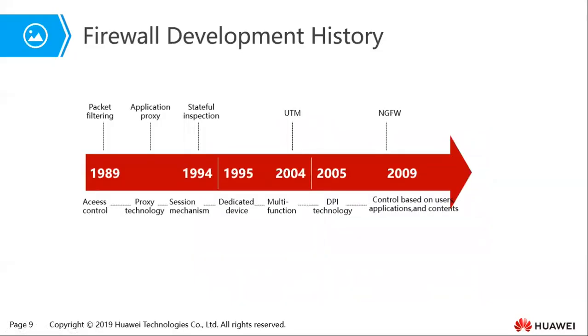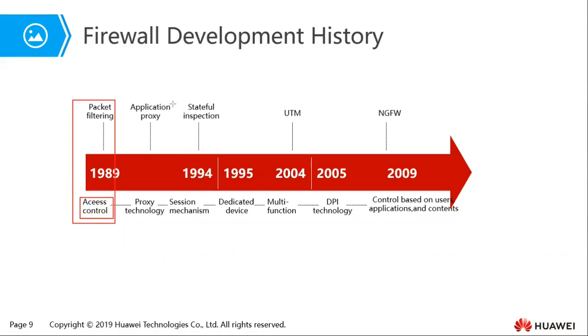So, firewall development history. The very first firewall was created around 1989. The main purpose was packet filtering, and most of the time it was using ACLs to provide access control.